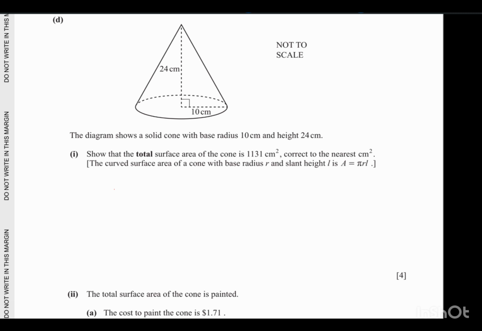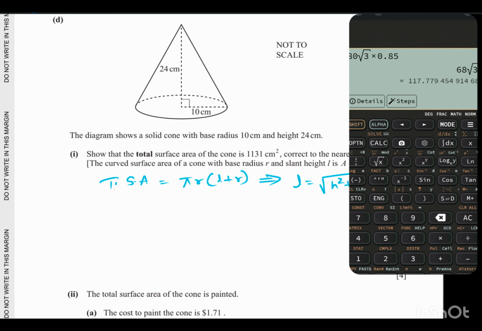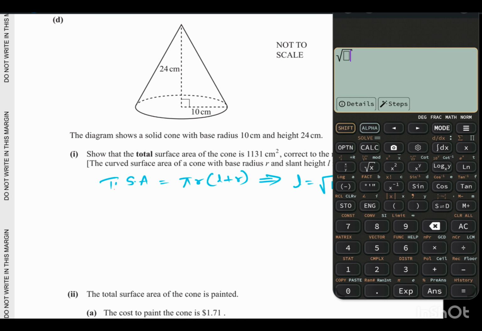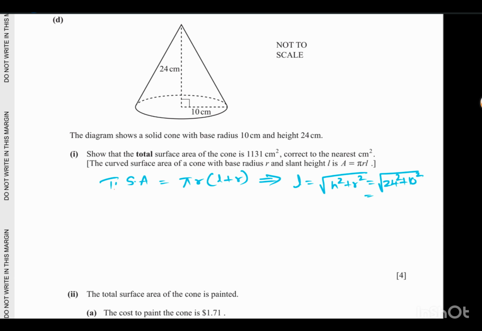The formula for total surface area will be pi r into L plus r. So we don't know L here, find out L. L is equal to square root of h square plus r square, which is square root of 24 square plus 10 square. Find it out. Square root of 24 square plus 10 square, which is 26.